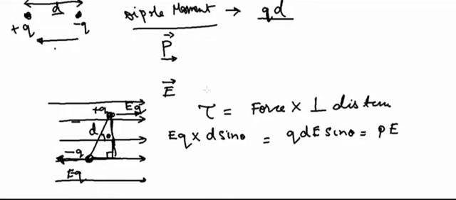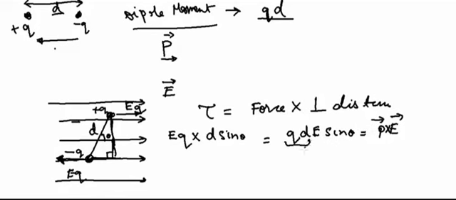Whenever two vectors are multiplied with a sin theta, we know that there must be a cross product. We can replace the sin theta by a cross product and just write the vectors p cross E. p cross E will be nothing but p E sin theta.